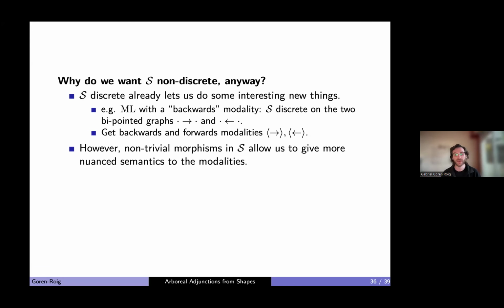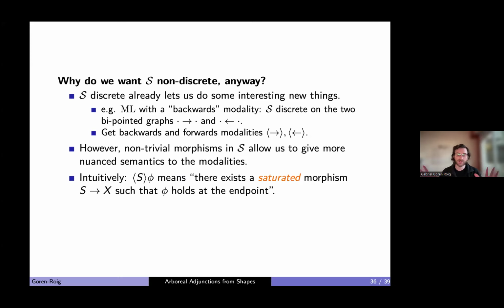Now, there are things that we cannot do unless we add non-trivial morphisms, because these will allow us to give more interesting semantics to these modalities. Of course, this will all be just intuitive, because I haven't given any syntax or formal semantics. So all of this is just hand wavy, sadly.